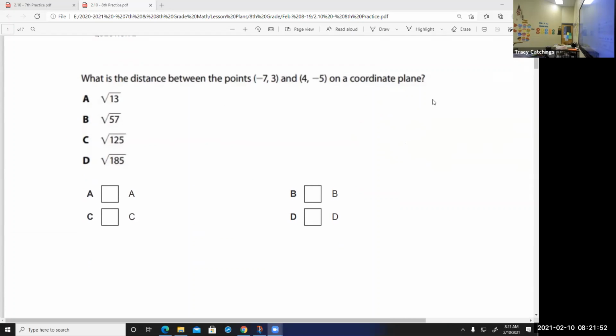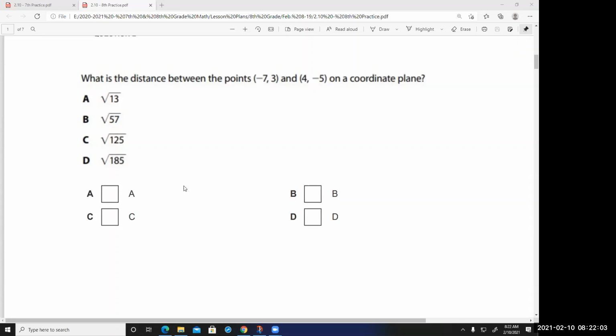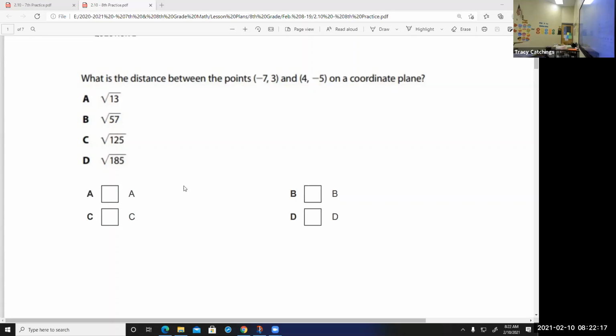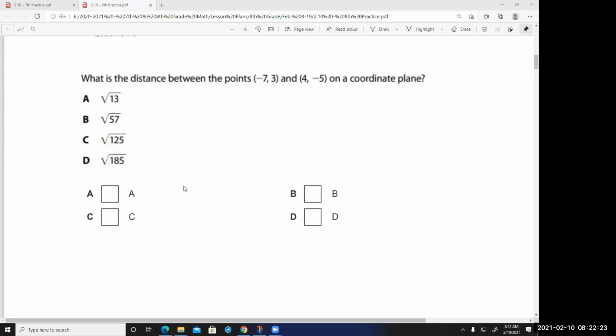All right, looking at number 2. What does it tell us? What is the difference between the points? What points? -7 and 3 and 4 and -5. All right. So before we can even tell the distance, what do we need to do? Draw a graph. Good job.